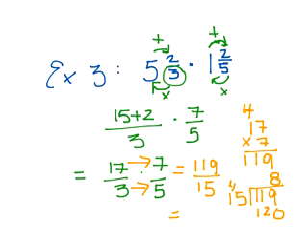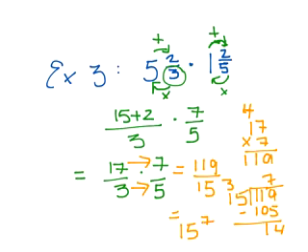Sorry, it goes in 7 times. It went 1 over too much. So 7 times. 5 times 7 is 35. 7 times 1 is 7, plus 3 is 10. I go ahead and subtract that, and I get 14.